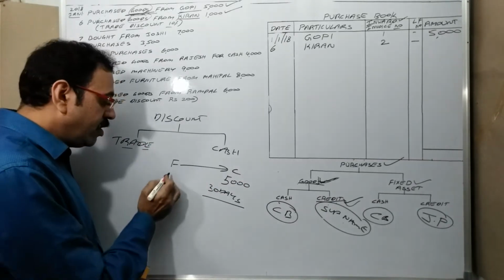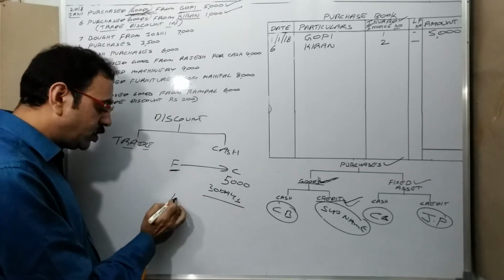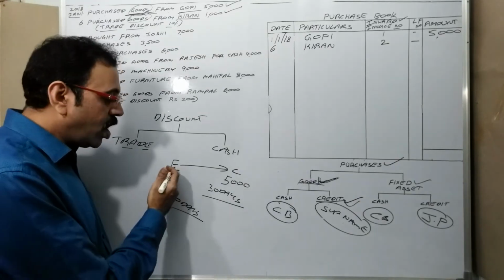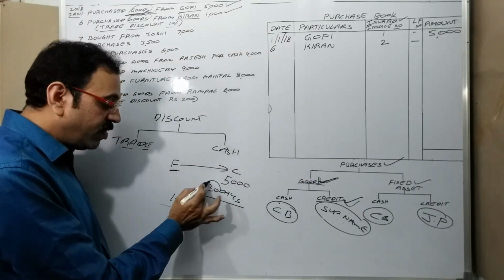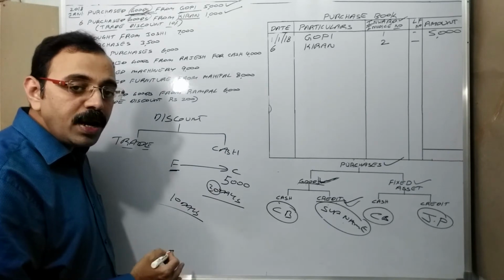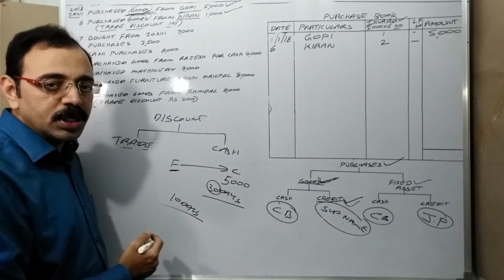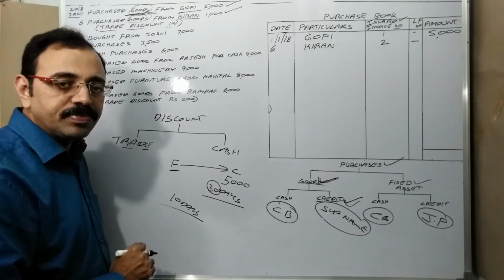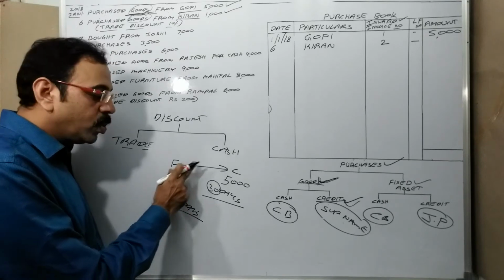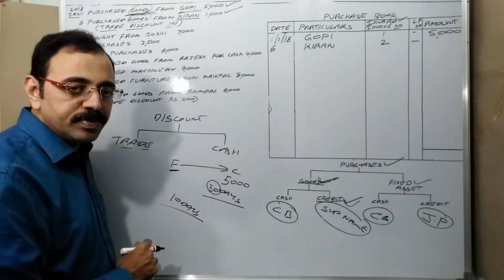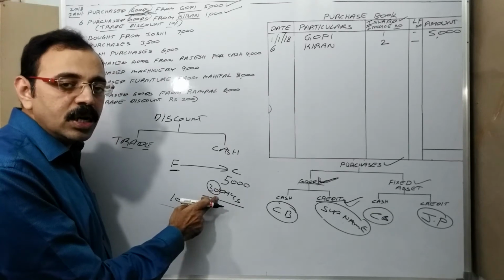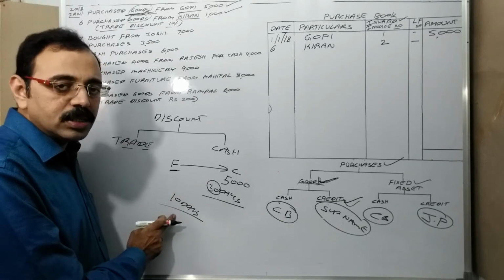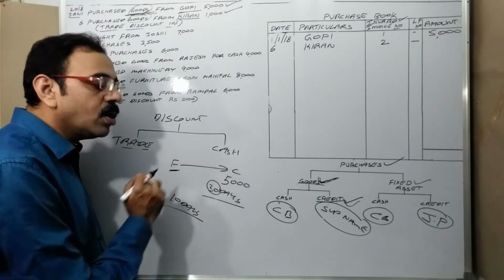So after 30 days, if customer pays the amount, total 5,000 he should pay. But assume that we need cash after 10 days only. Some unexpected urgency came. Now we cannot ask customer because already we have given 30 days period to him. But we want to motivate that person to pay that amount before the due date of the transaction. Then what we do? We go to him with one proposal. You should pay after 30 days, but if you pay on this date, after 10 days, then we will offer some discount to you.